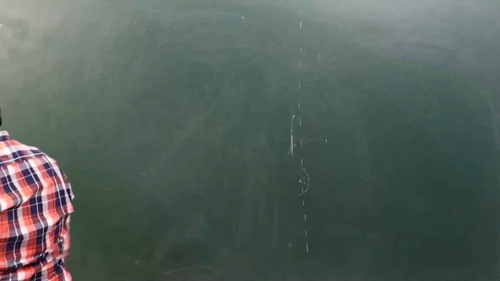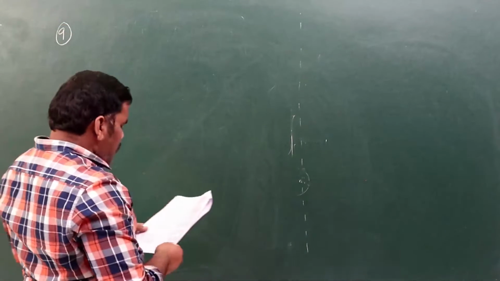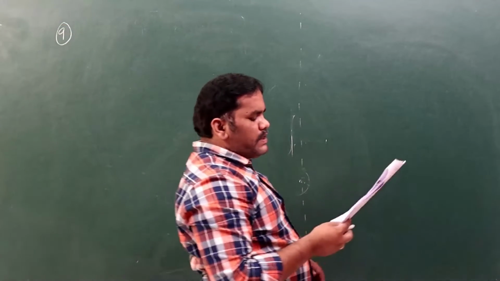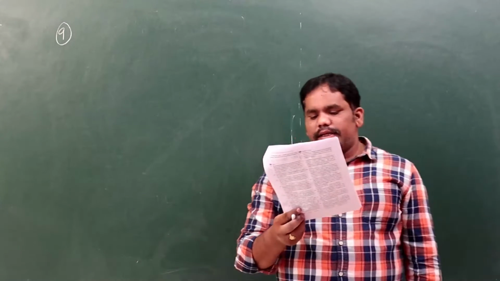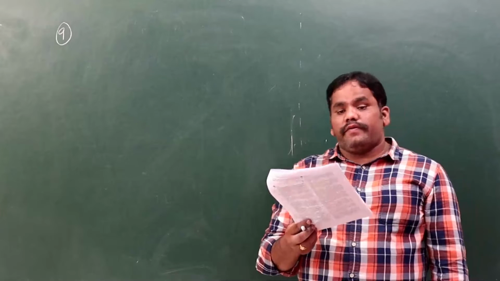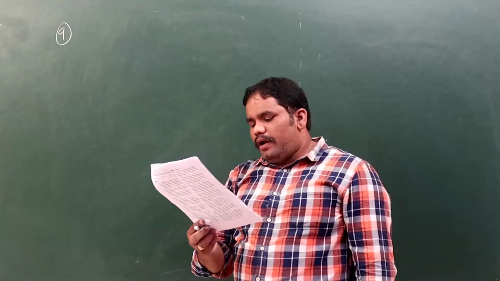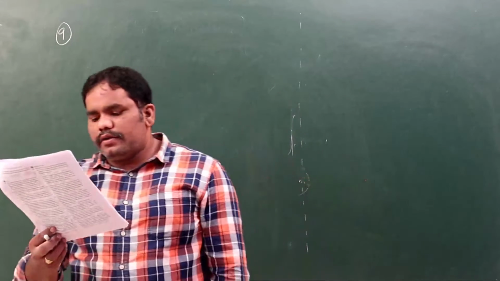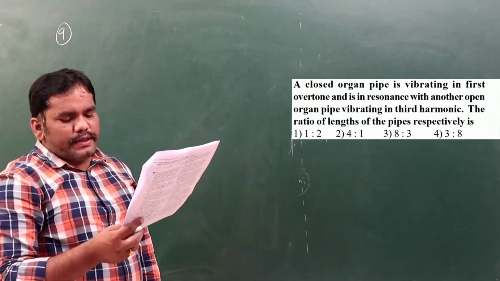Next question number 9. A closed organ pipe vibrating in its first overtone is in resonance, meaning same frequency, with another open organ pipe vibrating in its third harmonic. Find the ratio of the lengths of the pipes respectively.